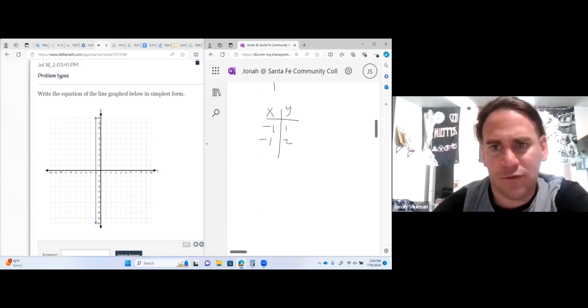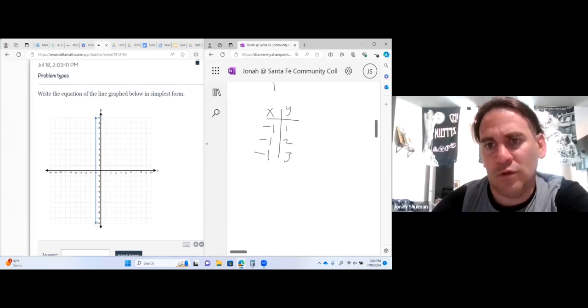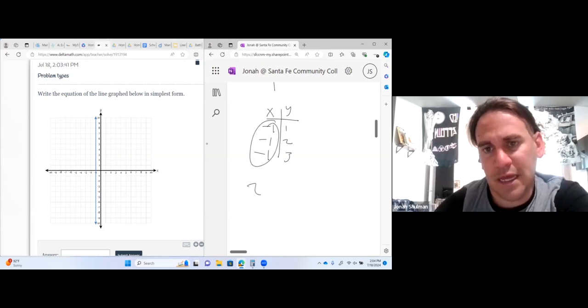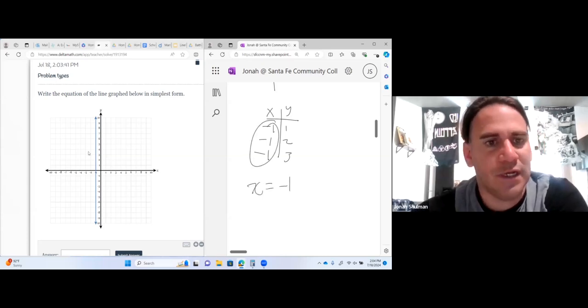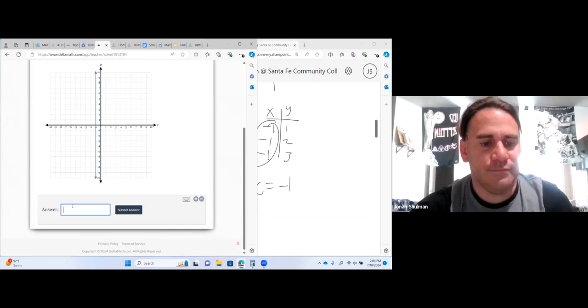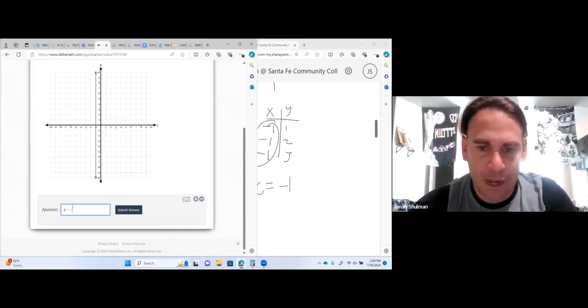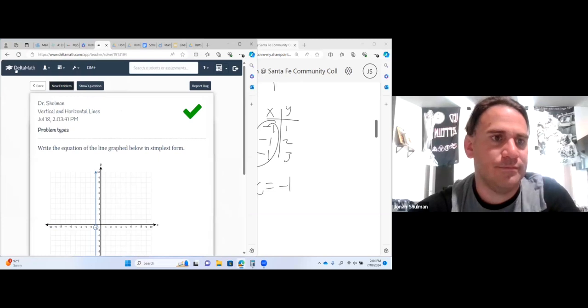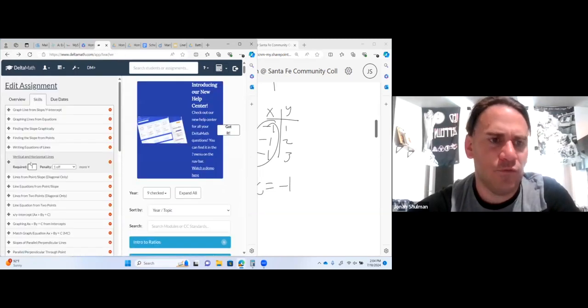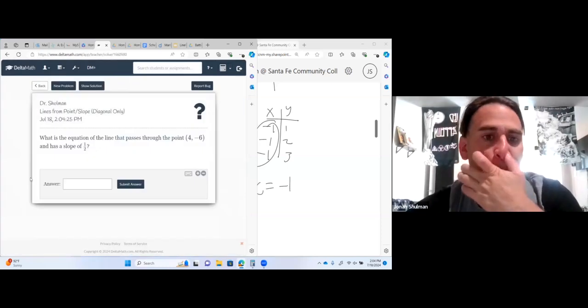Third point is -1, 3. What's always going to be the same? X is -1. Ta-da! I'm going to make you do 2 of them, so you can do 1 of each. I think it'll be helpful to do 2 of these. All right, so let's do it.